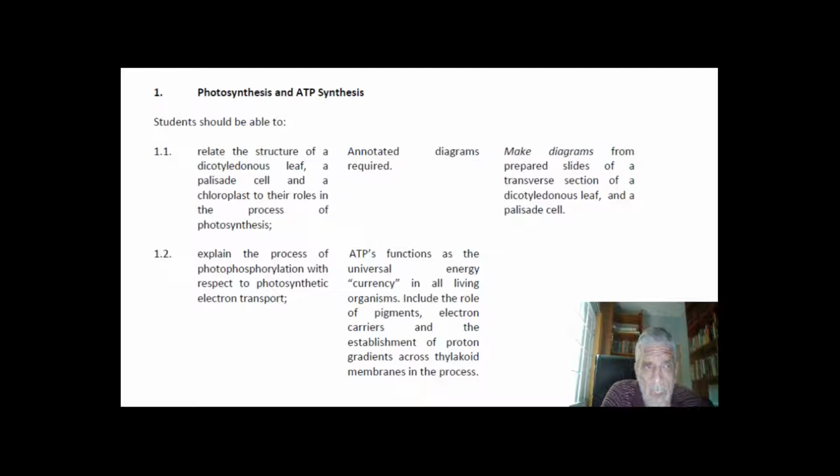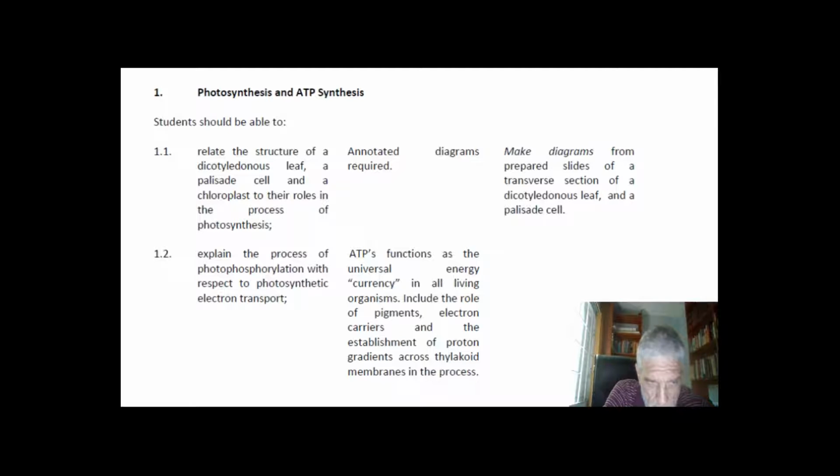But what we look at is that students should be able to relate the structure of a dicotyledonous leaf, a palisade cell, and a chloroplast to their roles in the process of photosynthesis. And this requires annotated diagrams. And we're going to do a drawing of a prepared slide of a transverse section of a dicotyledonous leaf. But again, this will be for a next class.